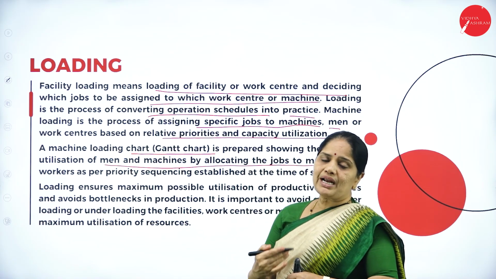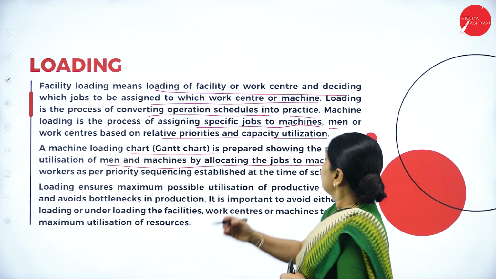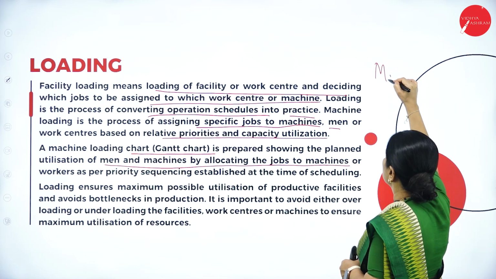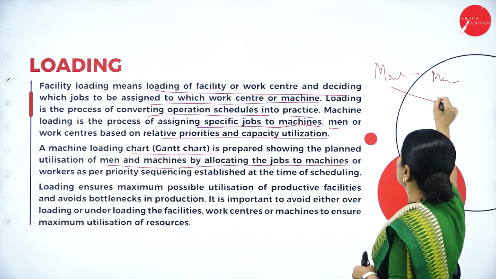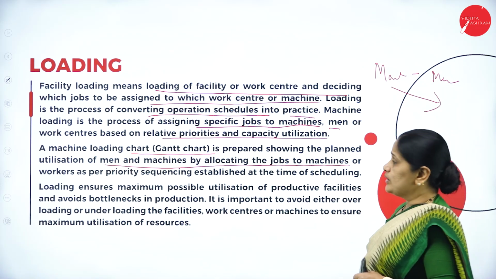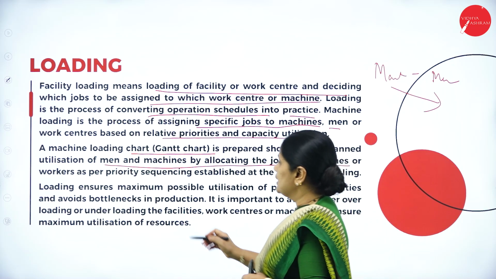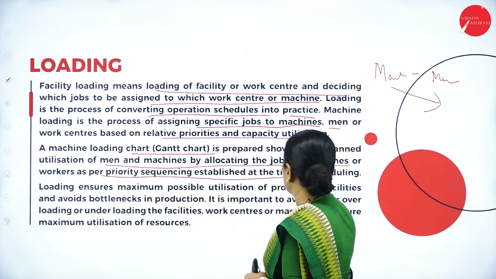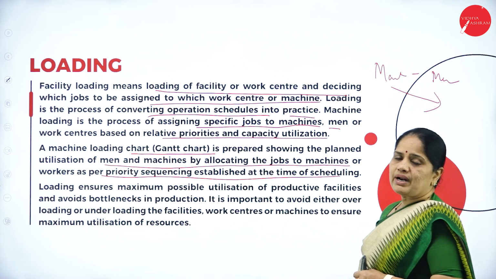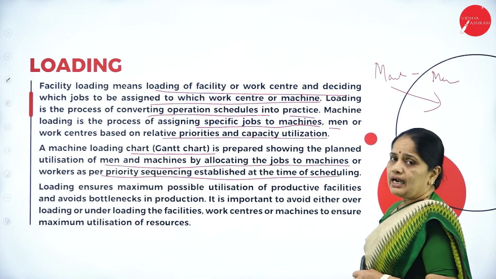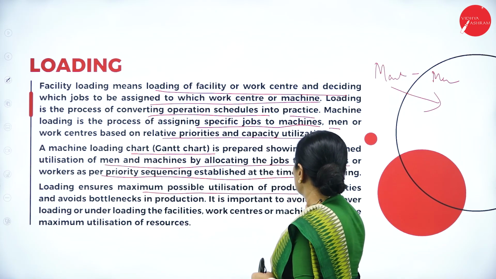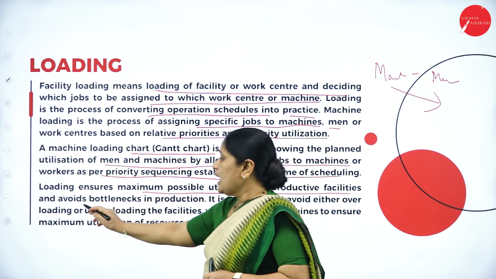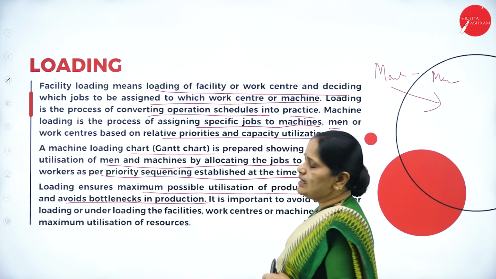So we have to prepare a Gantt chart where you will have the chart showing the machines and who will be operating. So for which machine, how many manpower you are using. So all this should be taken, and as per the priority sequencing. So what is the priority of the production and how you are sequencing it. So it ensures maximum possible utilization of productive facility and avoids bottlenecks in production.